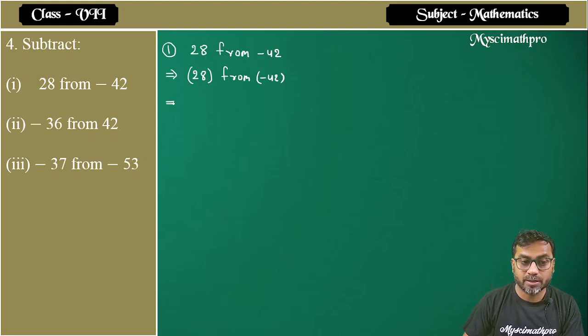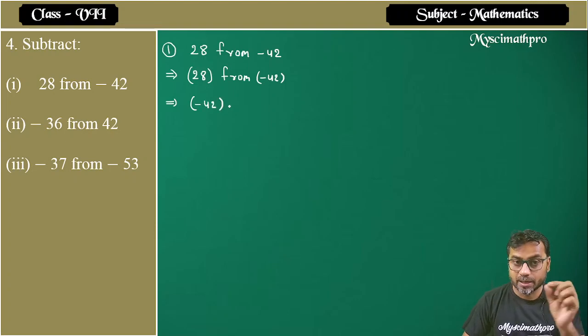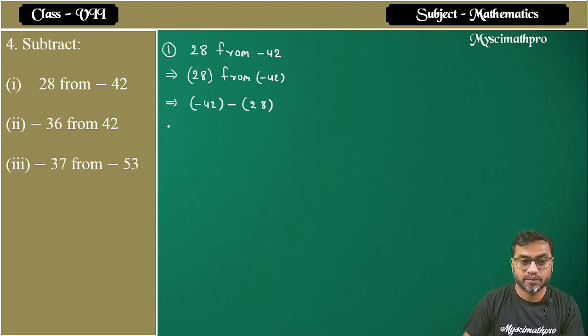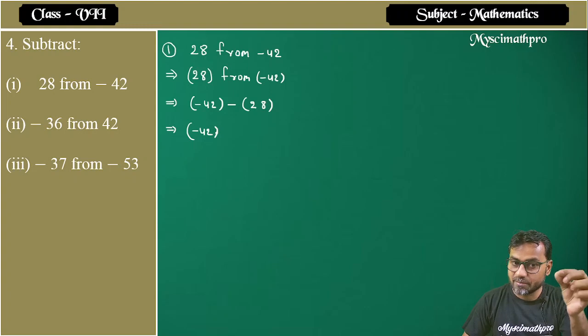According to the method, student, first we write minus 42 and we are doing subtraction, so we put a minus sign here and then we write 28. Now student, according to the method, we write minus 42 as it is.